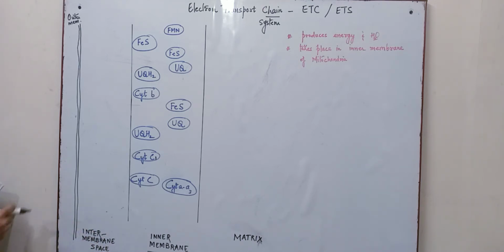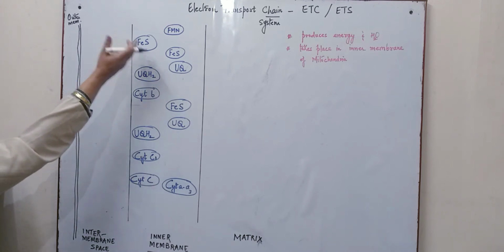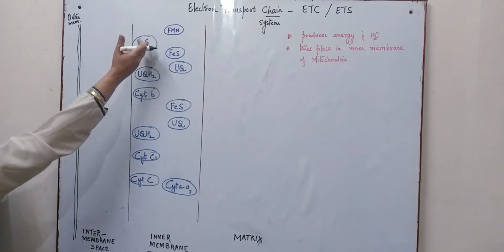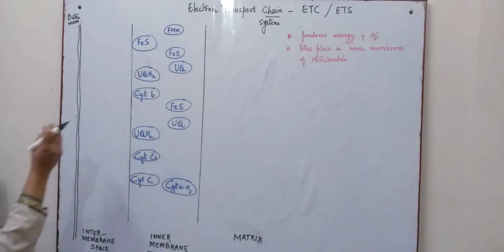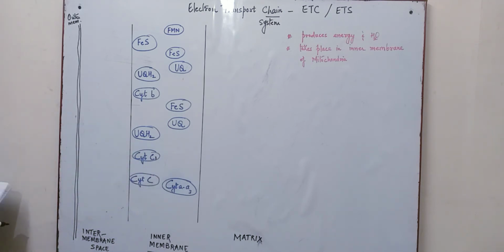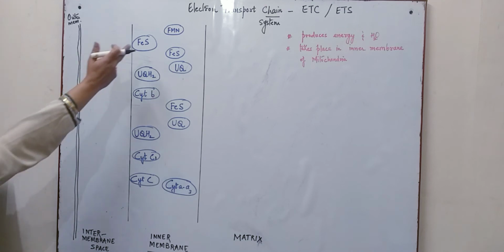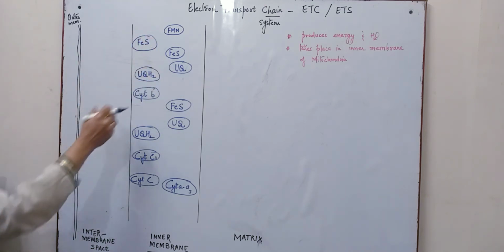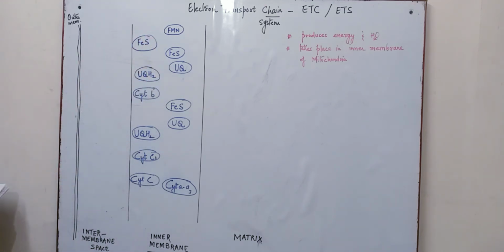Now here we have mentioned various electron carriers through which the electron will pass. Now here the electron flows from high energy to lower energy level. As the electrons will be passing through these carriers, the energy of the electron will be decreased and lowered.